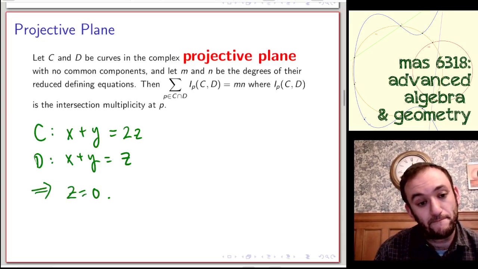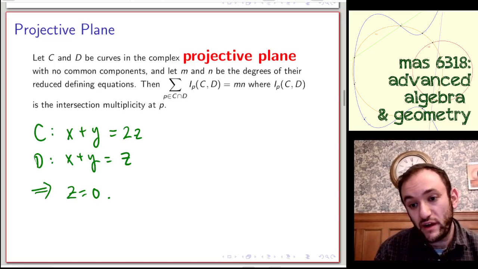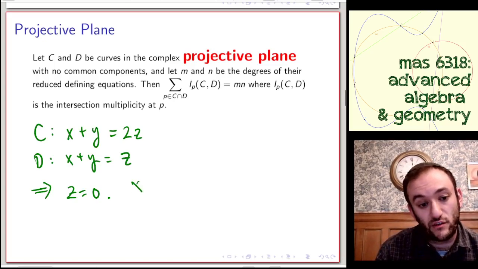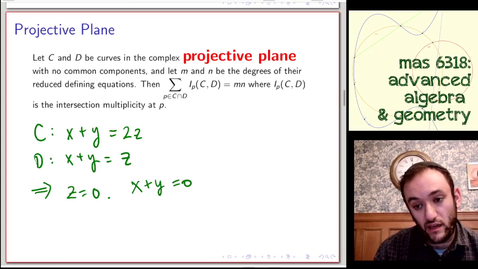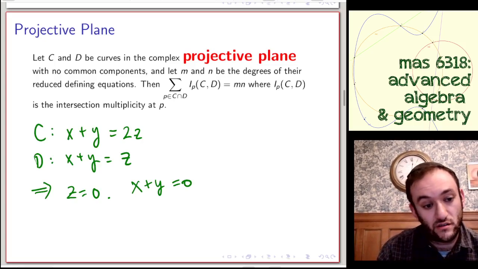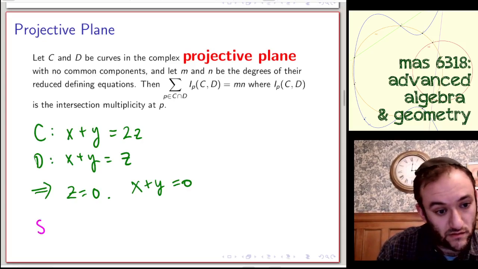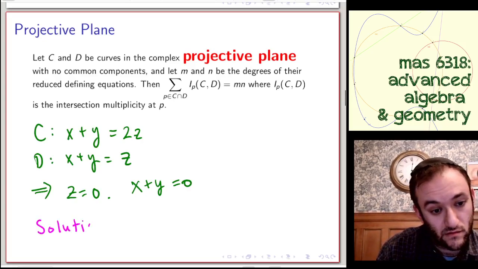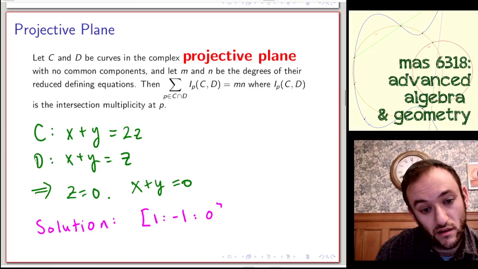And once you have z equals 0, then you're left with x plus y equals 0. So an example of homogeneous coordinates that would fit this equation is (1, -1, 0).